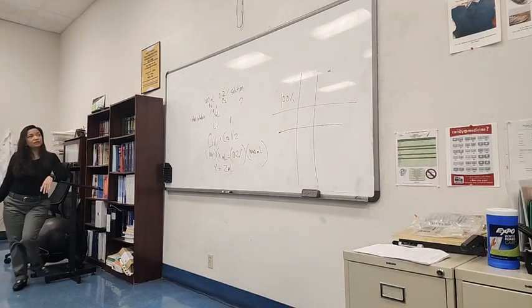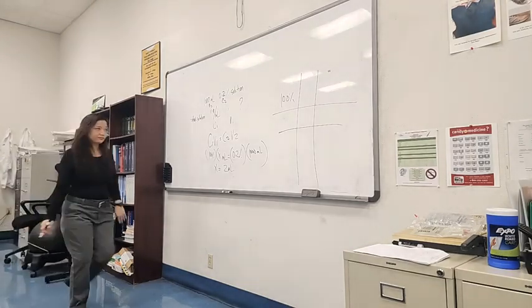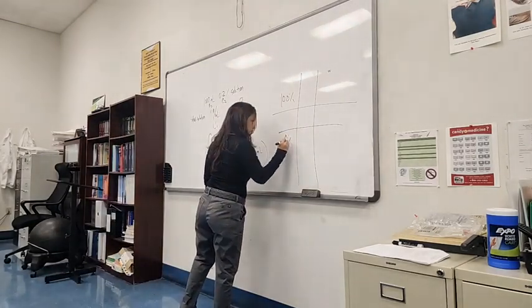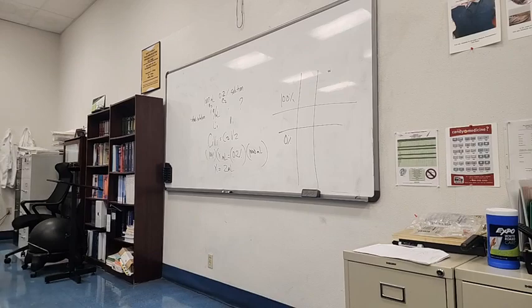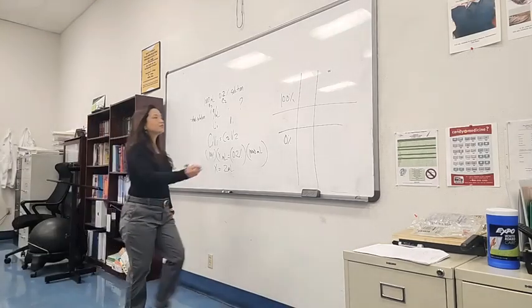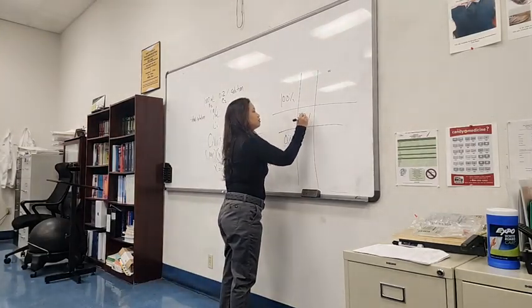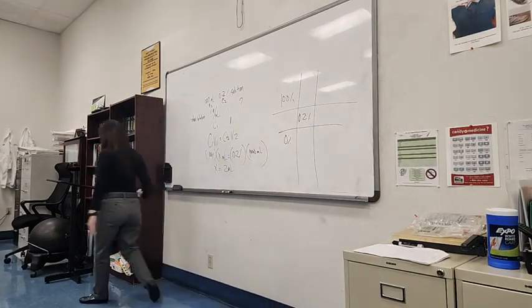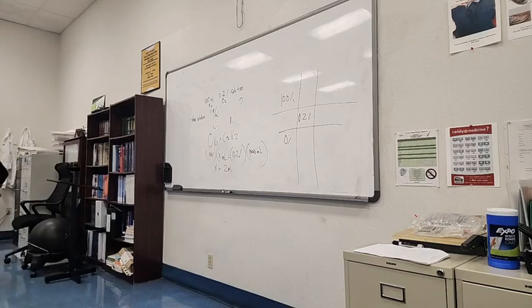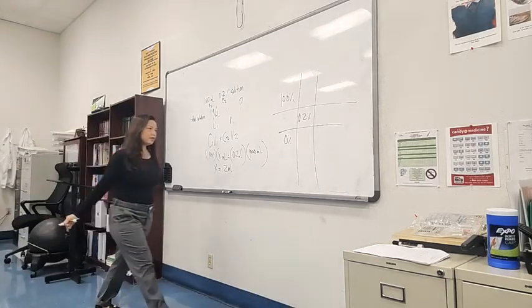What's my lower strength? What's it in there? 0.0. Crisscross.